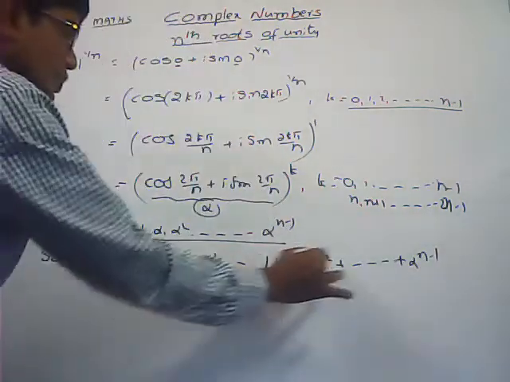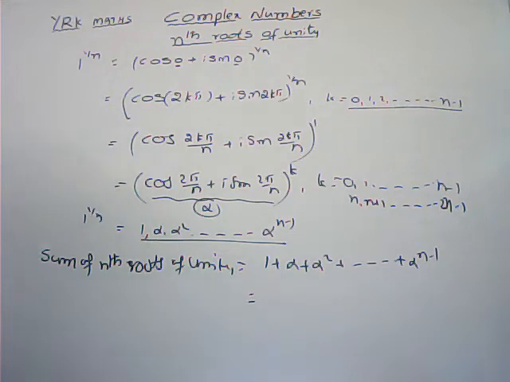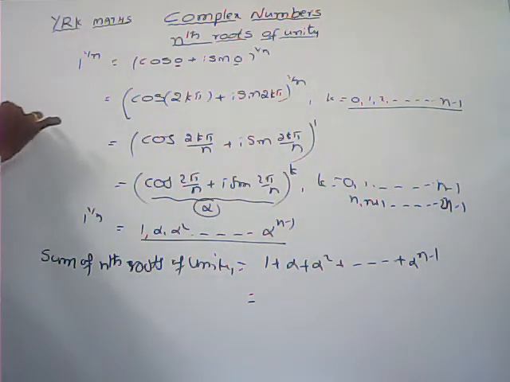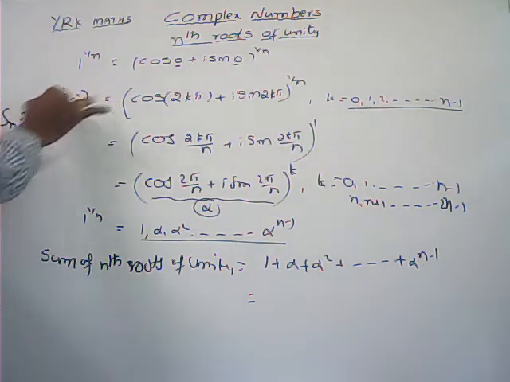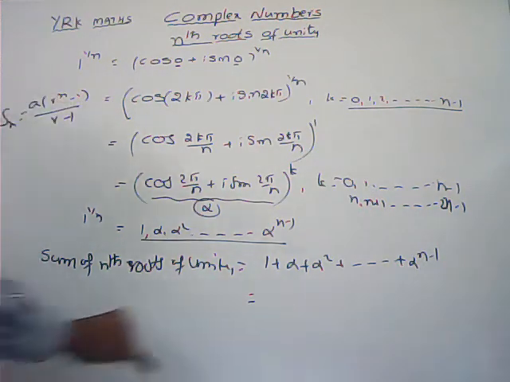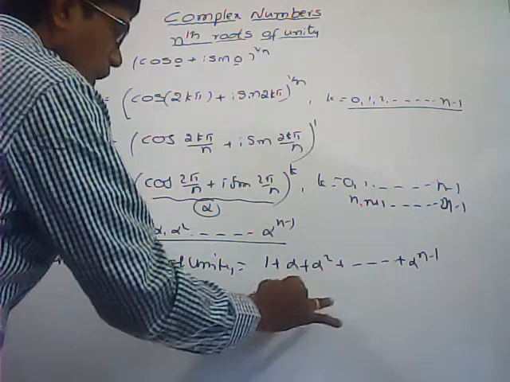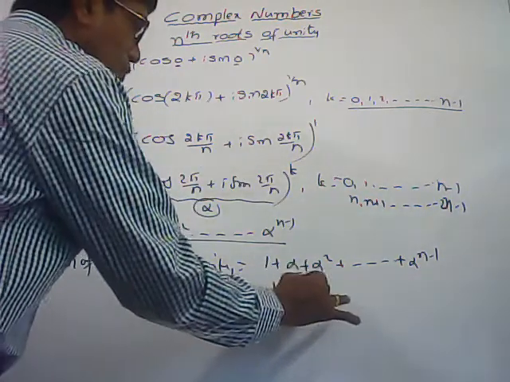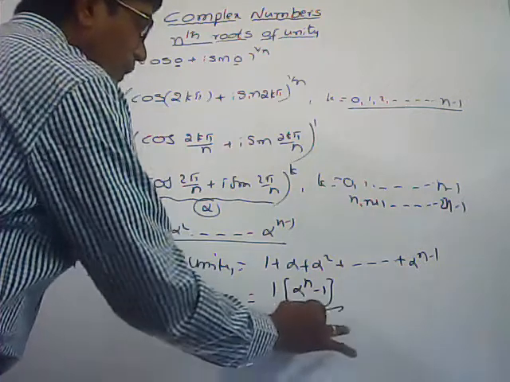Now these are in GP. The sum to n terms of a GP is S n equals a into r power n minus 1 by r minus 1. Here also, a is 1, the common ratio is alpha, so the sum is alpha power n minus 1 by alpha minus 1.